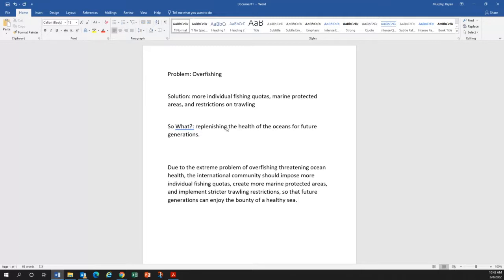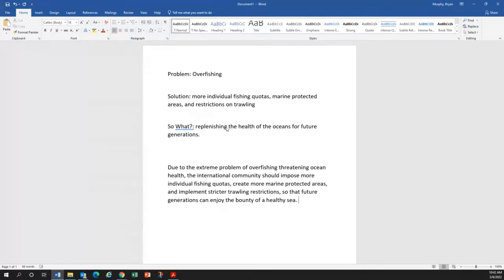Okay, the only problem I have is it's a little bit wordy, but when you're juggling a lot of stuff in the argumentation strategy, that's normal. Wordiness is a problem, but it's not the biggest problem that can arise. So, due to the extreme problem of overfishing threatening ocean health, the international community should impose more individual fishing quotas, create more marine protected areas, and implement stricter trawling restrictions so that future generations can enjoy the bounty of a healthy sea.